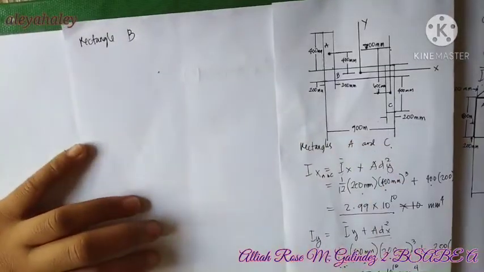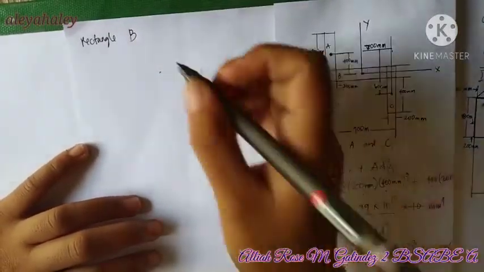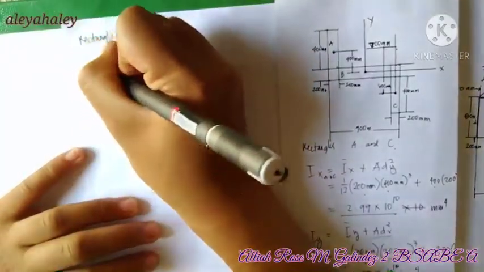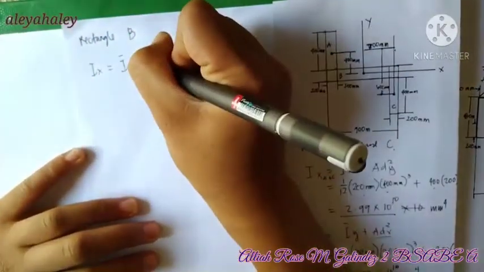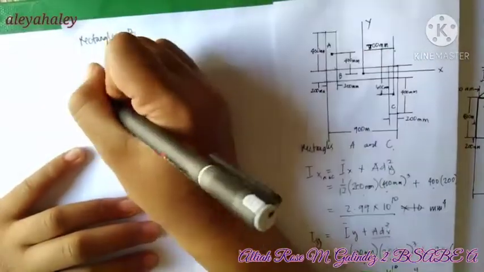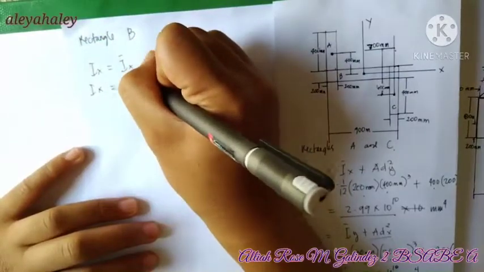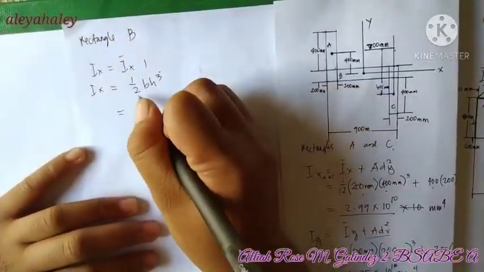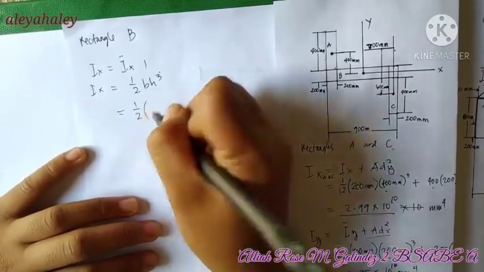So next for the rectangle B, I'm going to use this formula: Ix is 1/12 base times height cubed. We have 1/12 times base.